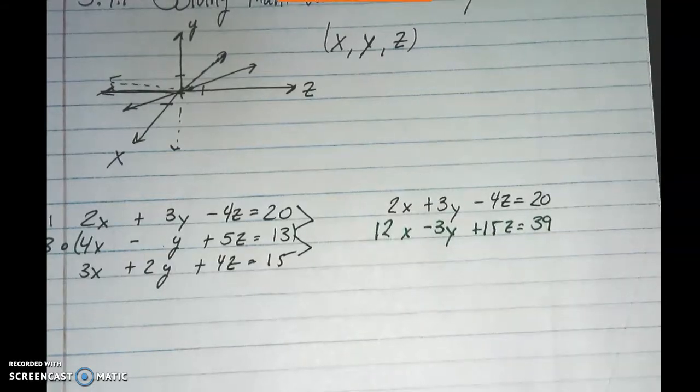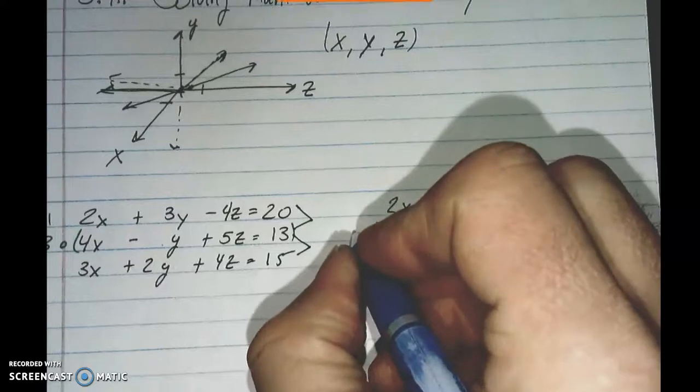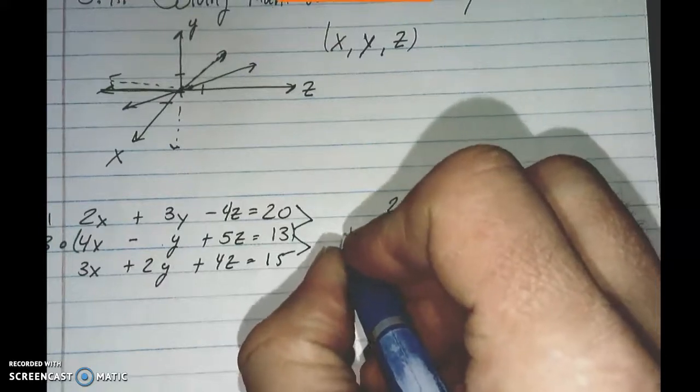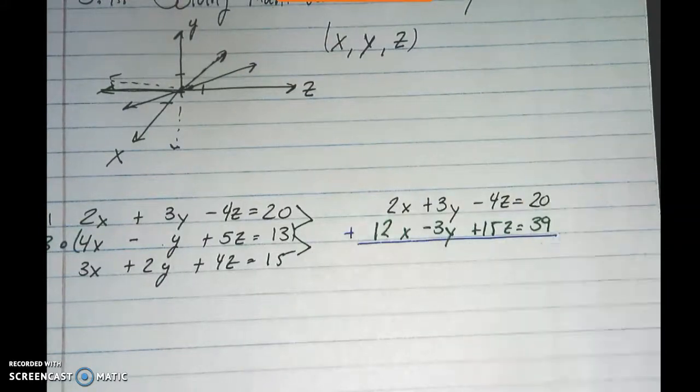Now, the signs are opposite on the y's, correct? Correct. So if the signs are opposite, I am going to add those two equations together, okay? Why am I adding? So I can cancel out the y's. And so since the signs are opposite, I just add them, they cancel out, okay?